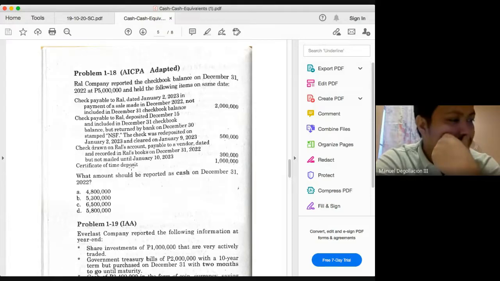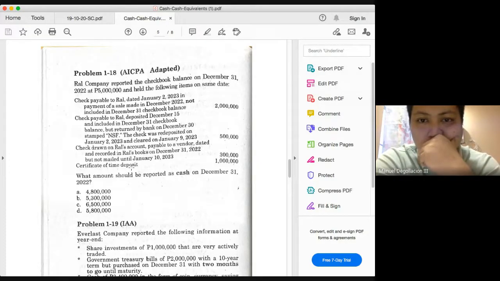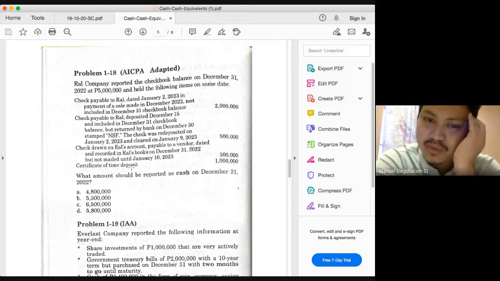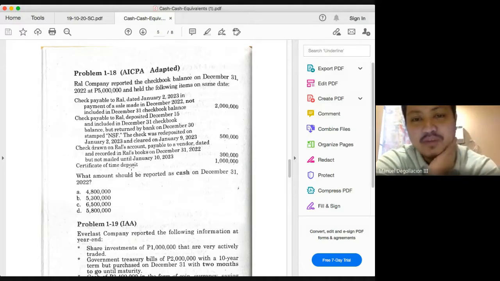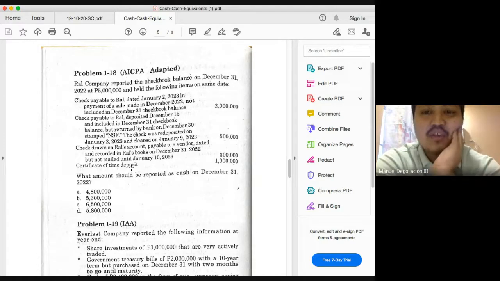So basically, we are the payer here, and we recorded the payment on December 31. But since no actual payment took place because it was only mailed on January 10, 2023, it was wrong for us to have reduced our checkbook balance. So what do we do? We add back the 300,000.